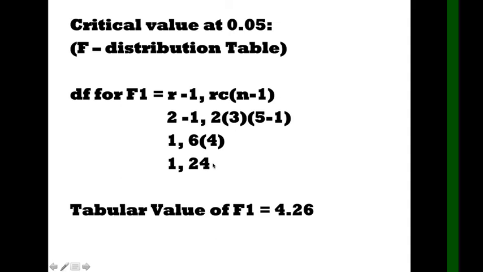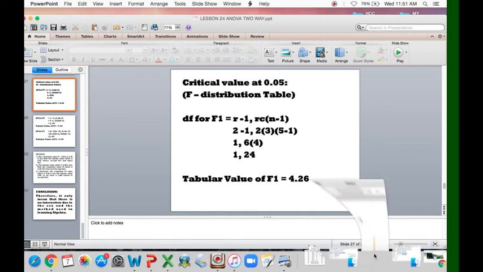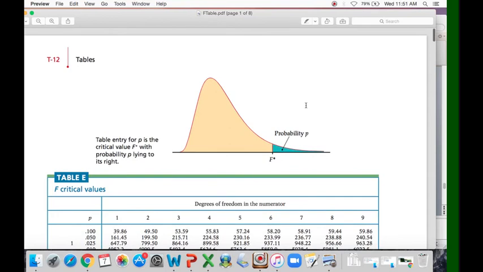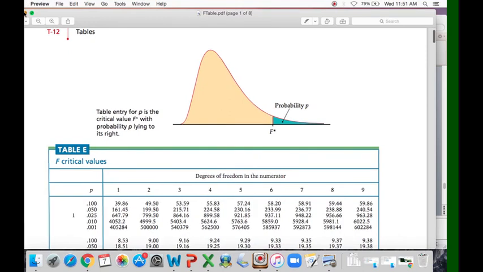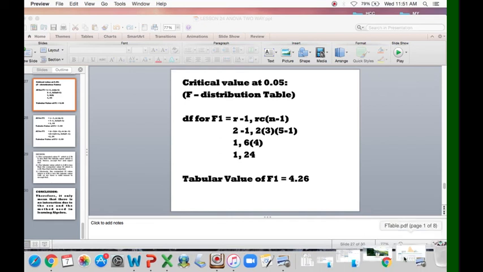So let's use the tabular table. This is the table that we will be using. The title is the F critical values. The computed R minus 1 is 1, while RC times N minus 1 is 24.